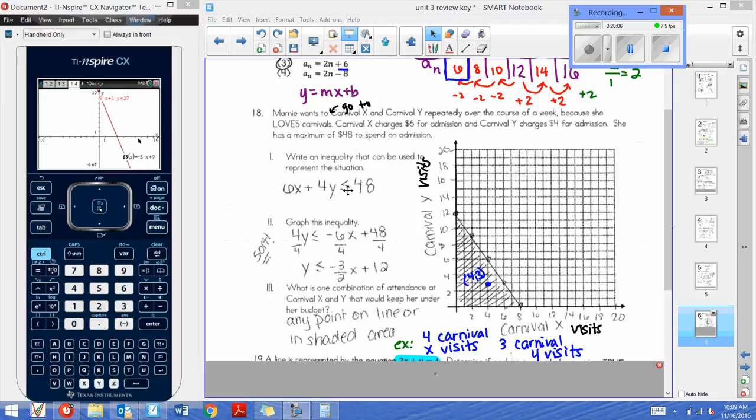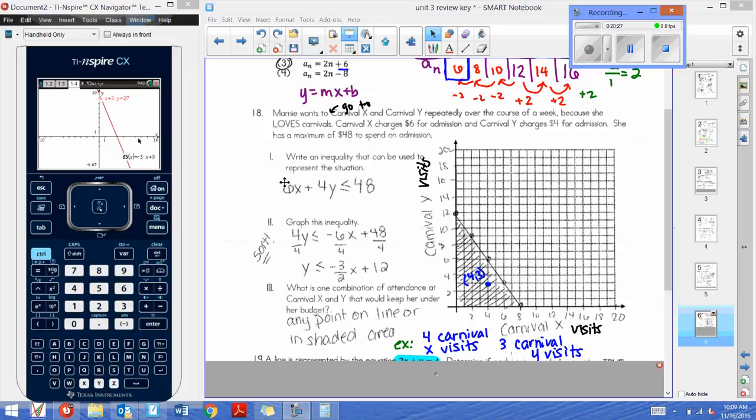Use the clues. She has a maximum of $48. That means all of this over here can't be any bigger than 48. That's why we're going to use a less than or equal to symbol. $6 for Carnival X and $4 for Carnival Y. Money, money, money. We're in the clear.